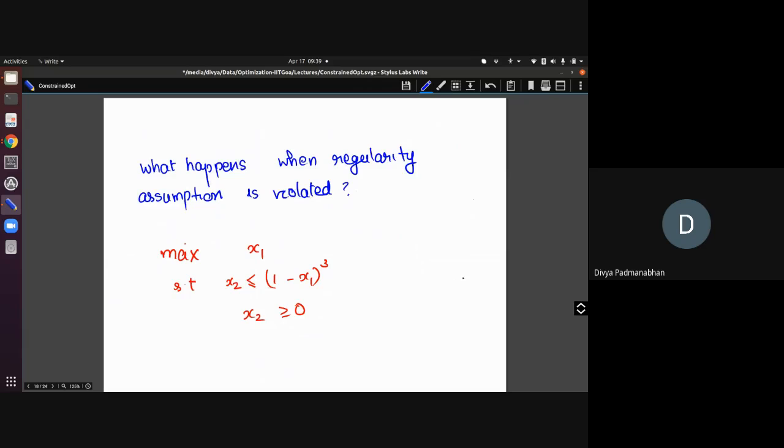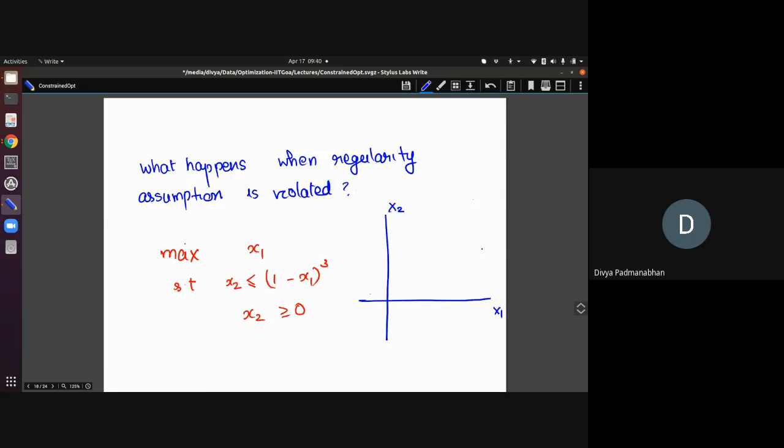Let me just plot this region. This is x1 and this is x2. The first constraint here is, let me just plot the curve x2 equal to (1 minus x1) cubed.